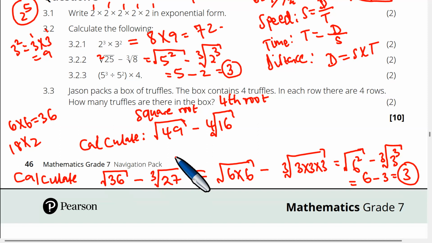What is the square root of 49? In other words, what number do you multiply with itself 2 times to get 49? Like the number 9, there's a number that you can multiply with itself to get 9. It is 3 times 3, isn't it? 3 times 3 is 9.